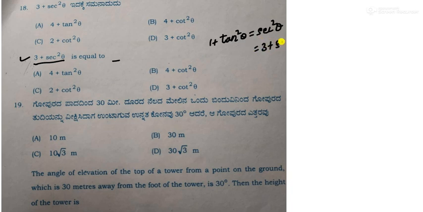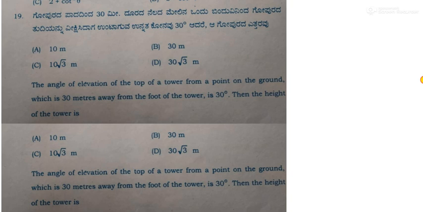So this becomes 3 plus sec square theta, and here this becomes 3 plus 1 plus tan square theta, correct? So 3 plus 1 is 4 plus tan square theta. So answer is 4 plus tan square theta. That is option number A. It's very simple, just a little common sense.